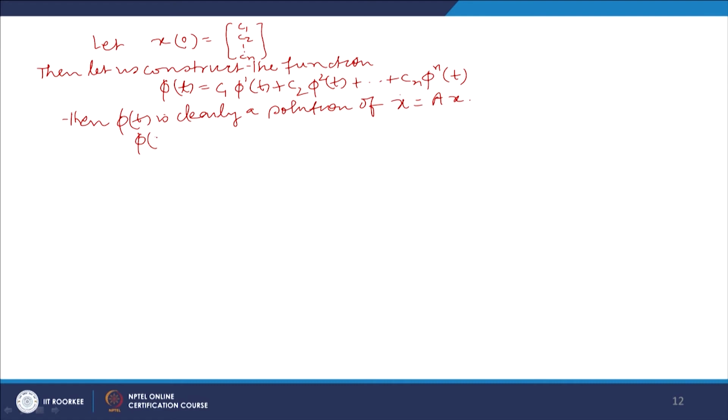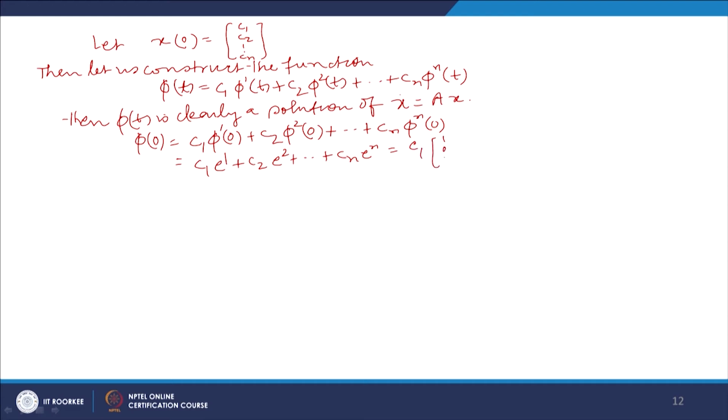Now, phi 0 is equal to C1 phi 1 0 plus C2 phi 2 0 and so on Cn phi n 0, which is equal to C1 E1 plus C2 E2 and so on Cn En, which is equal to C1 times 1 0 0, C2 times 0 1 0 0 and so on, Cn times 0 0 and so on 0 1.